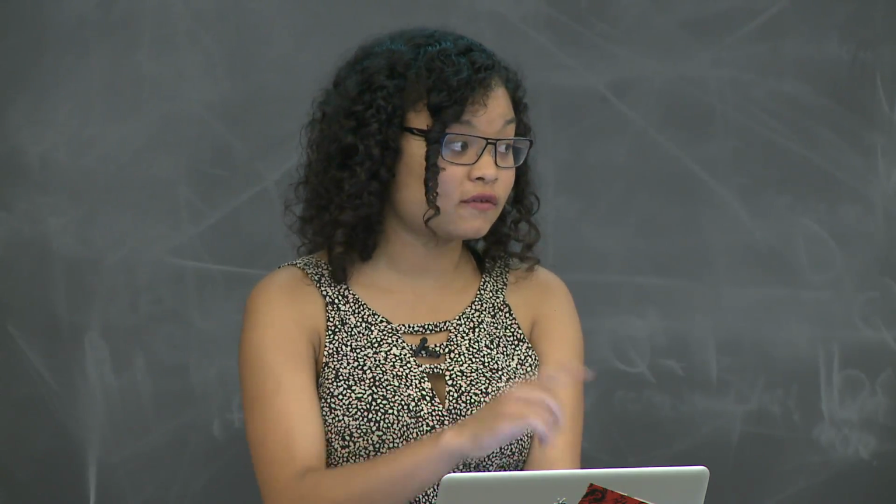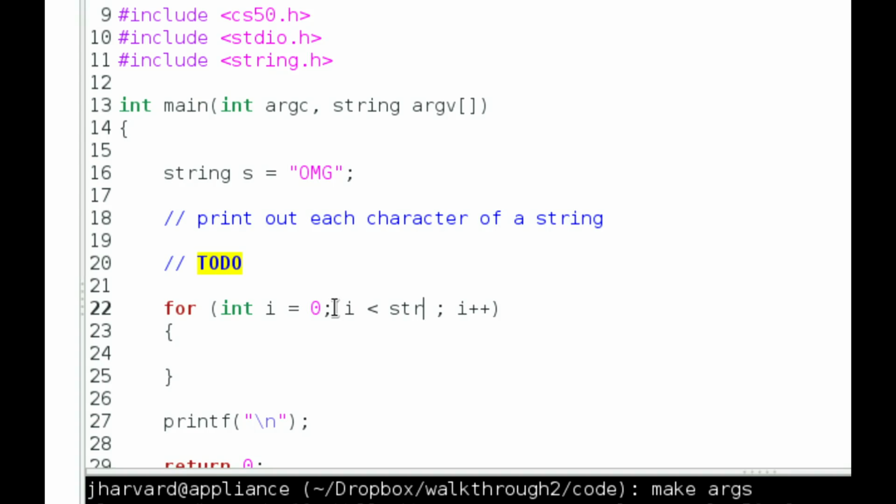So what function gives us the length of the string? That's the length of the command line arguments, but for a string we want a function that gives us the length of the string. So that's strlen, and you have to pass in a string to it, right? It needs to know which string to calculate the length of. In this case, we're dealing with string s.